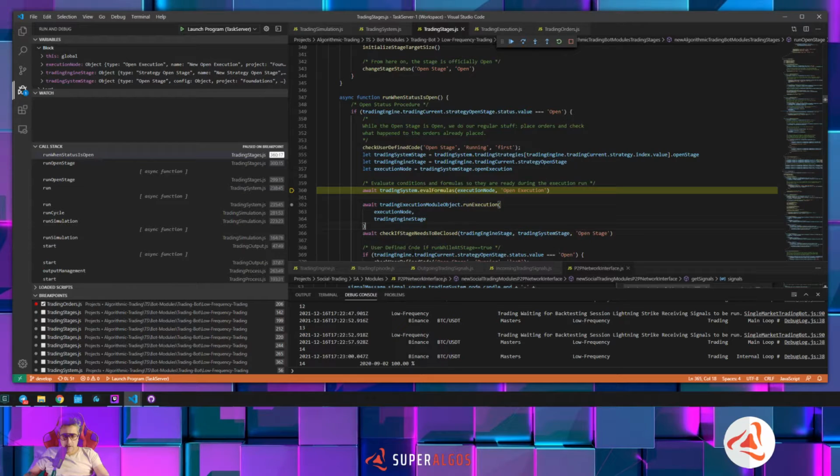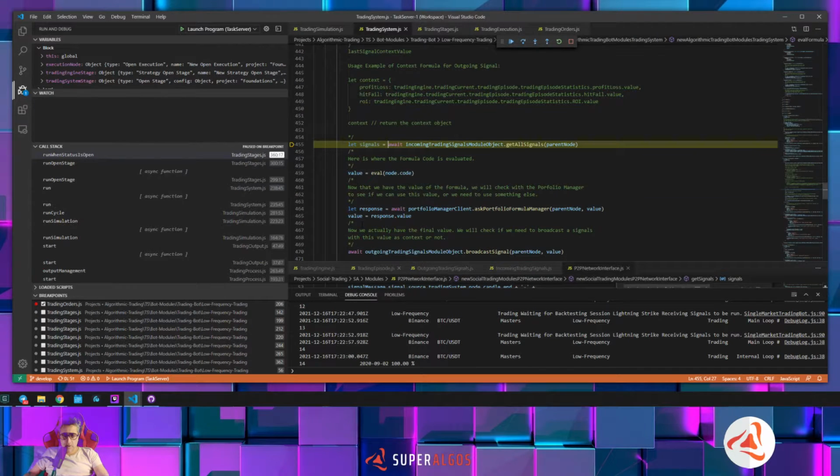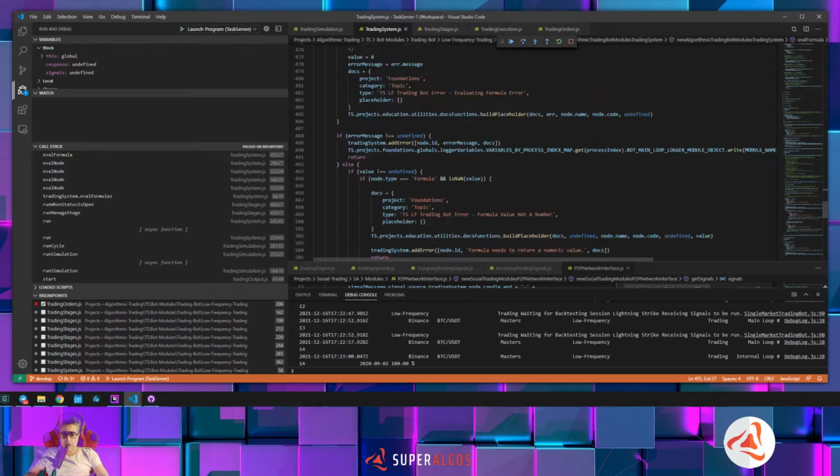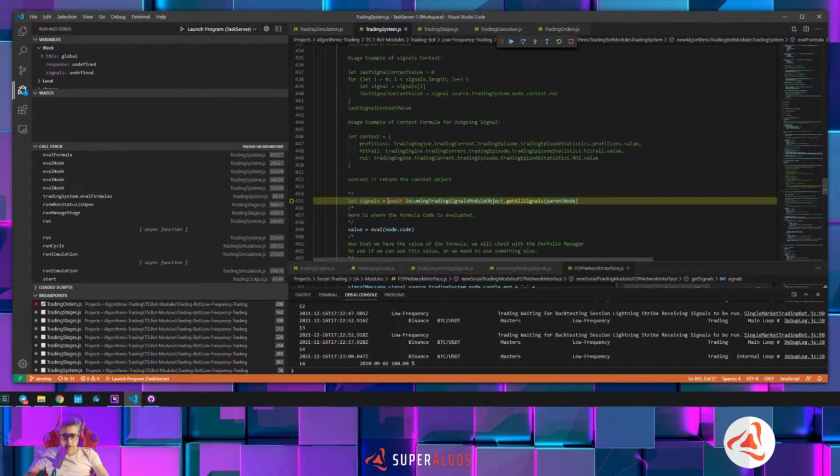Okay, this is not the place we are waiting. Is this the place we're waiting? Parent node phase? Yes.